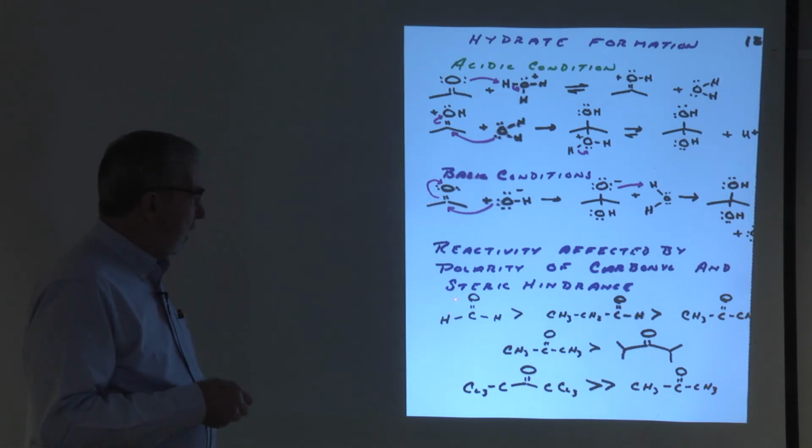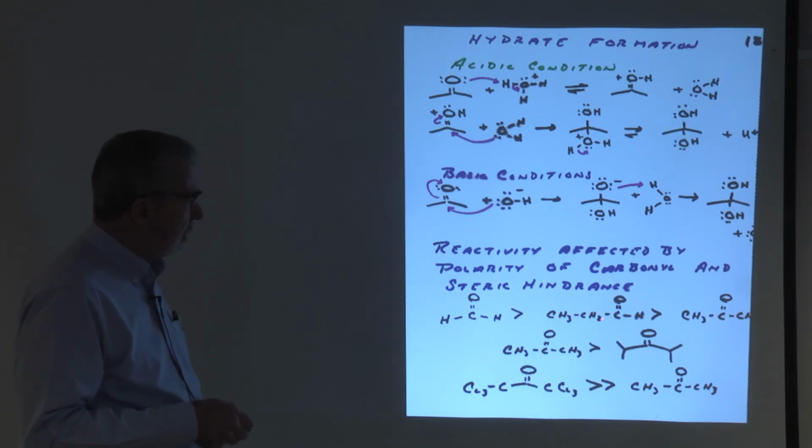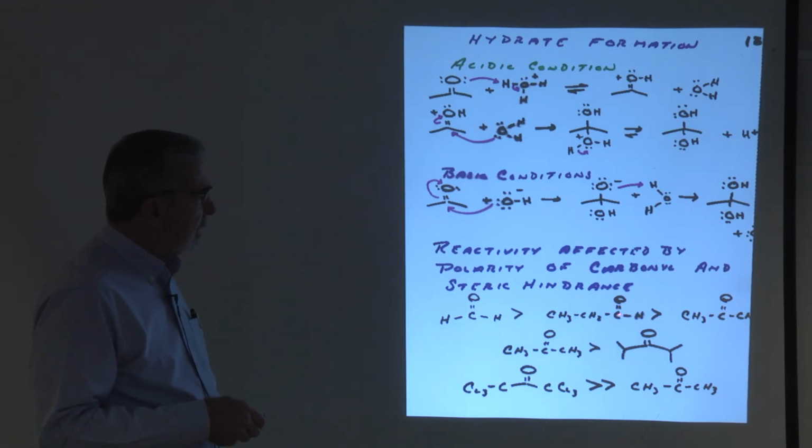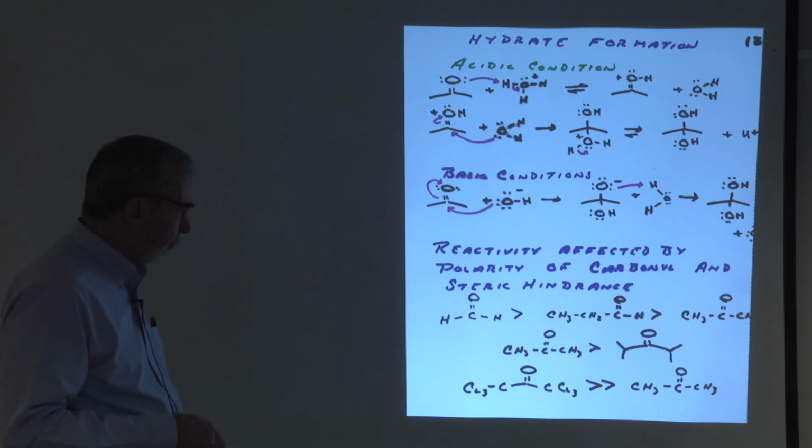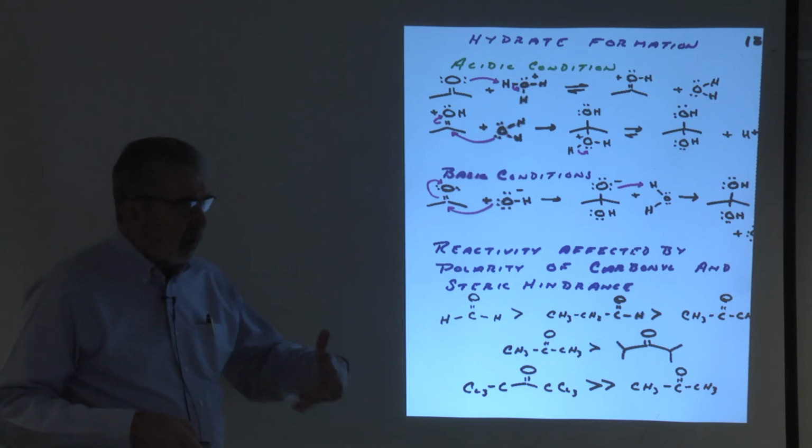Once again, formaldehyde is the most reactive, and then we get this ethanal. This is less reactive because you've got more steric bulk here, and also this ethyl group is going to donate more electron density, and it's going to deactivate this carbonyl carbon to some extent. And then if we stick on these electron withdrawing groups, it's going to make it even more reactive, and so on and on it goes.